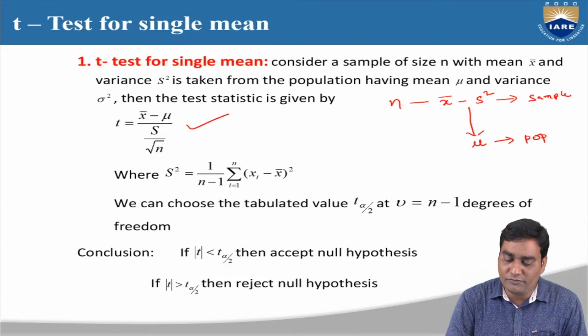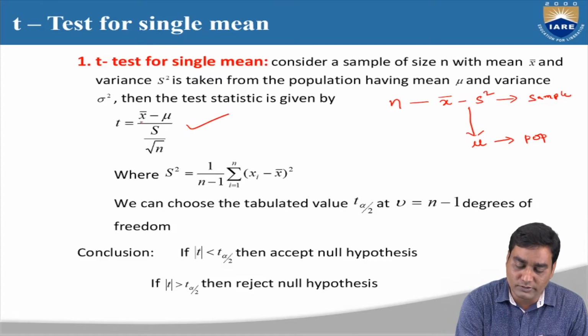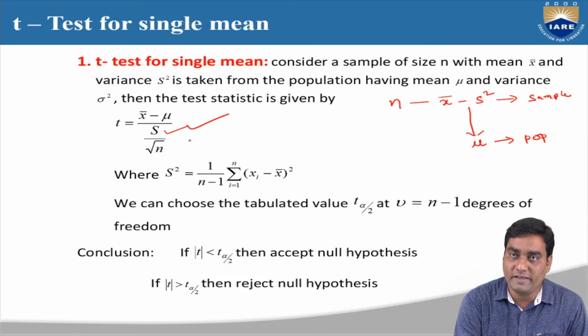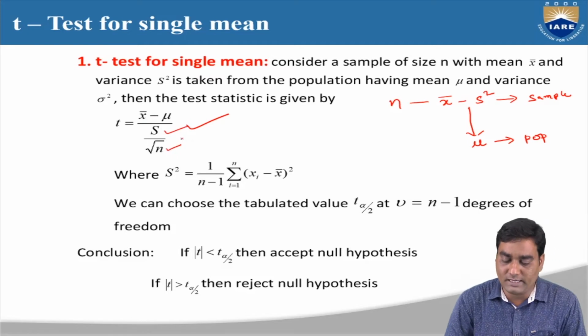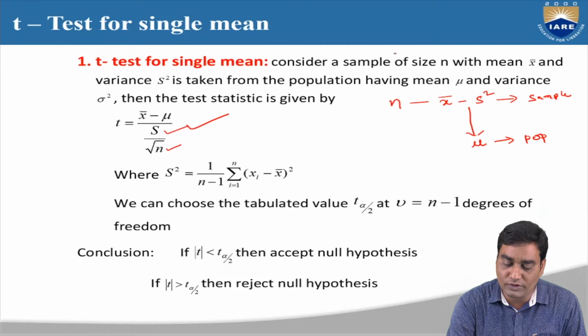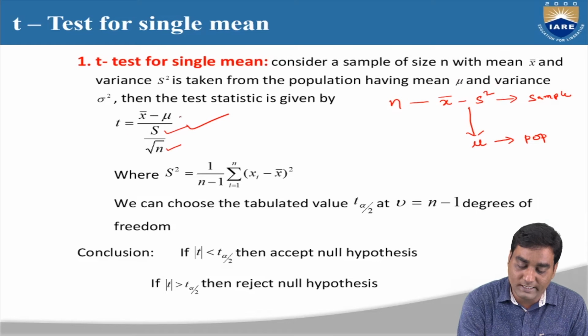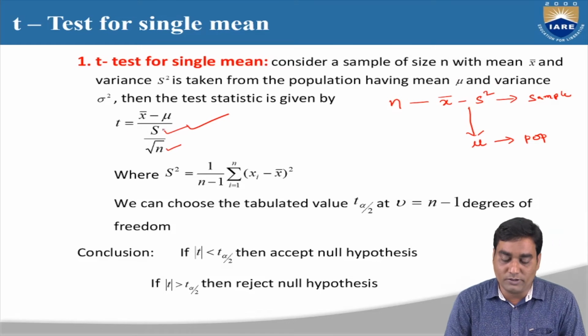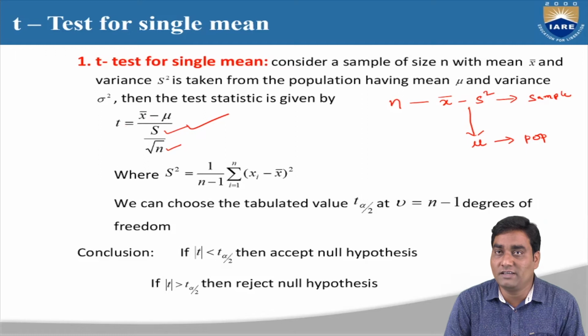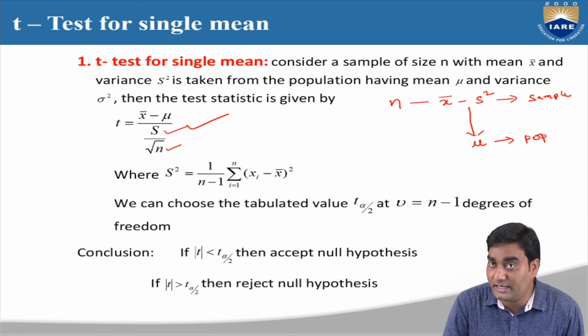From the description we know all these values: x bar, mean of the sample; mu, mean of the population; s, standard deviation of the sample; and n, sample size. So by using this formula, we get the test statistic for t-test for single mean.